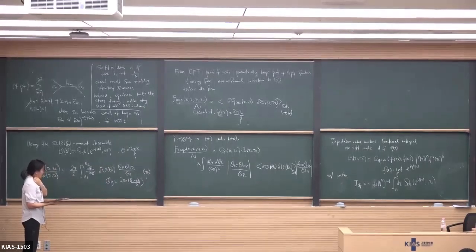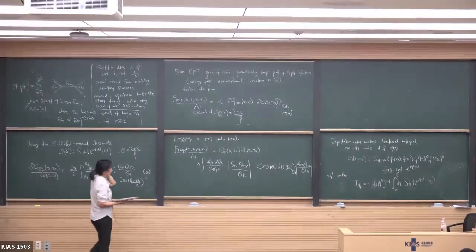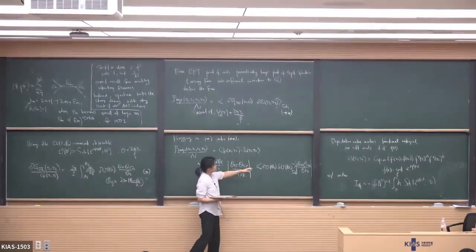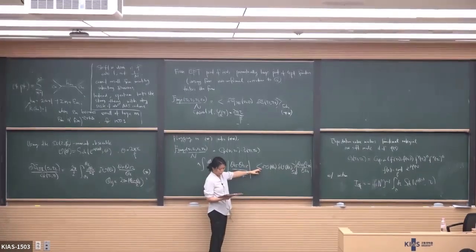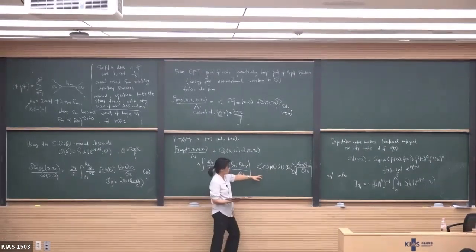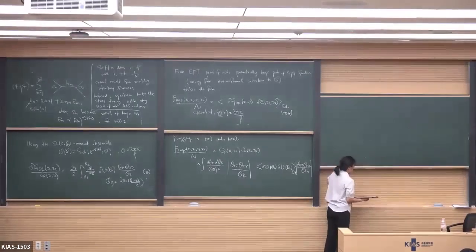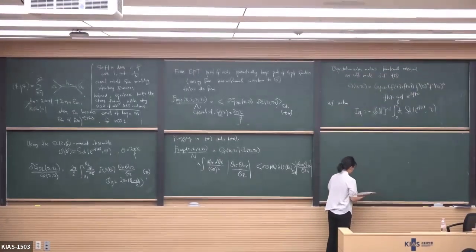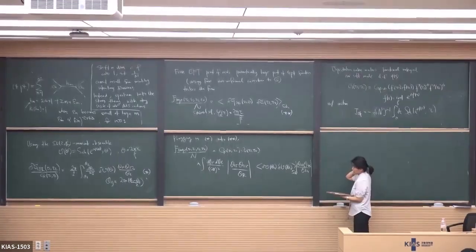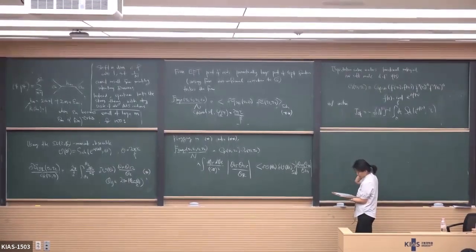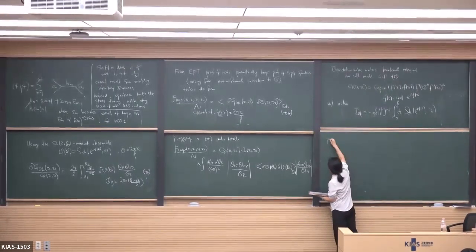Okay. So we only need to compute the 2-point function of delta O, which we can do from the Schwartzian action. We expand the Schwartzian action around the classical solution and we find the propagator is given by the following.